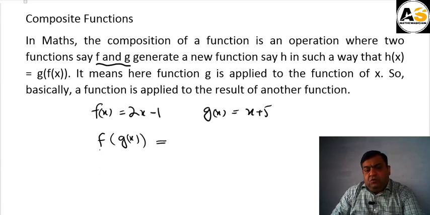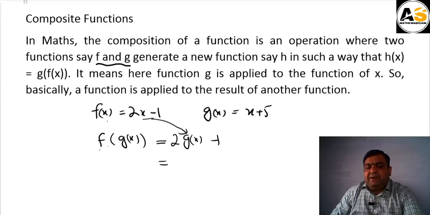What we will do, how do we find f of 1? We replace x by 1. How do we find f of 2? We replace x by 2. How will we find f of g of x? We will replace x by g of x. This will be the first step. In f of x, x will be replaced by g of x.